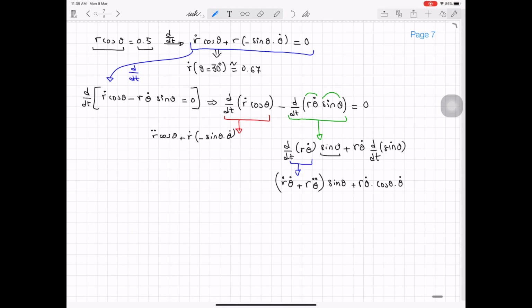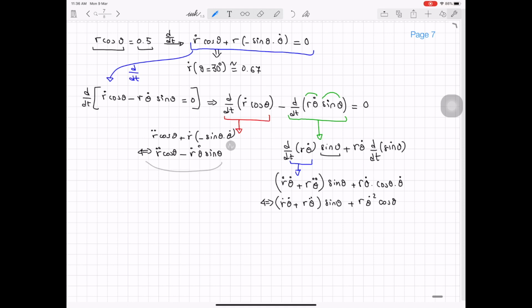If I simplify this, it gives me (R dot theta dot plus R theta double dot) times sine theta plus R theta dot squared times cosine theta. And simplifying the first part gives me R double dot cosine theta minus R dot theta dot sine theta.